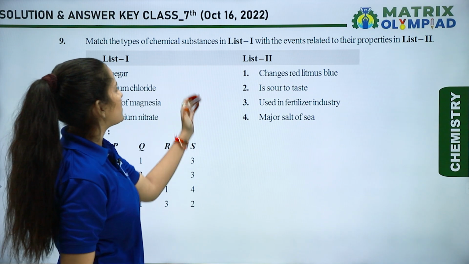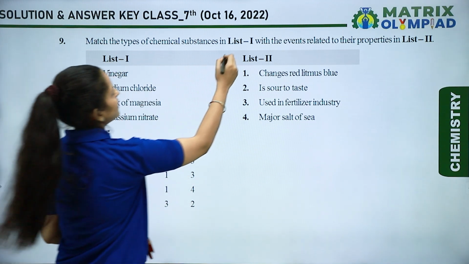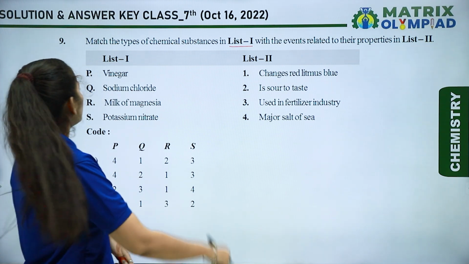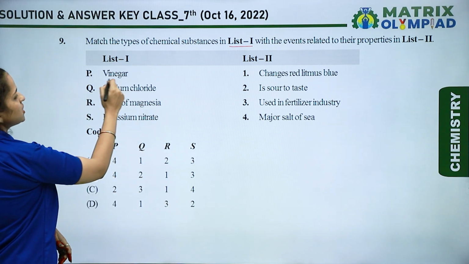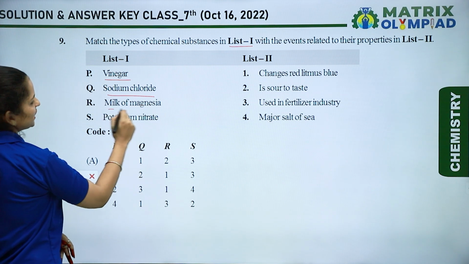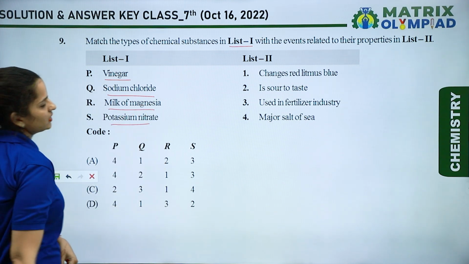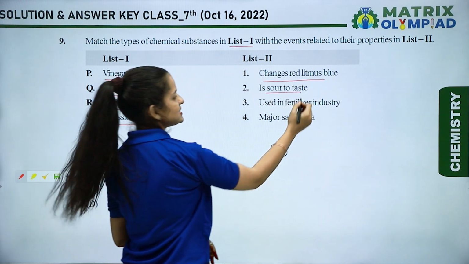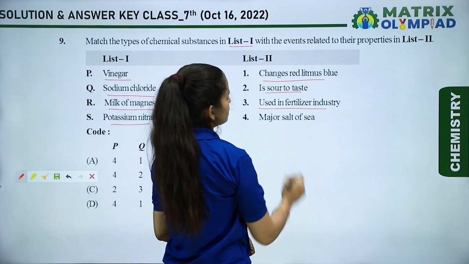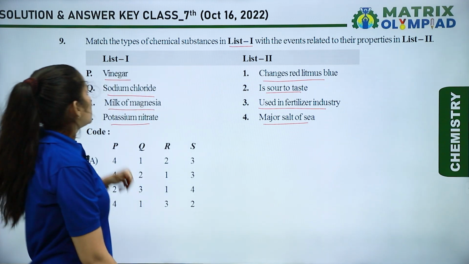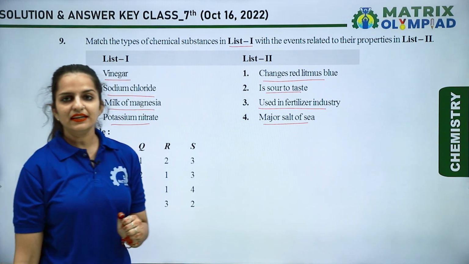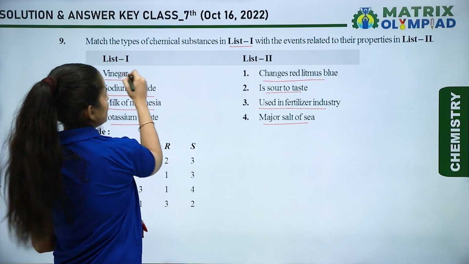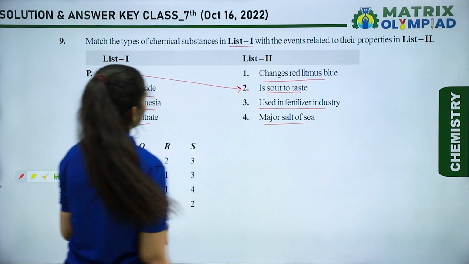Match the types of chemical substances in list 1 with the properties in list 2. In list 1: vinegar, sodium chloride, milk of magnesia, potassium nitrate. In list 2: changes red litmus blue, is sour to taste, used in fertilizer industry, major salt of sea. Vinegar is a weak acid, so its taste is sour, so P is matched with 2.